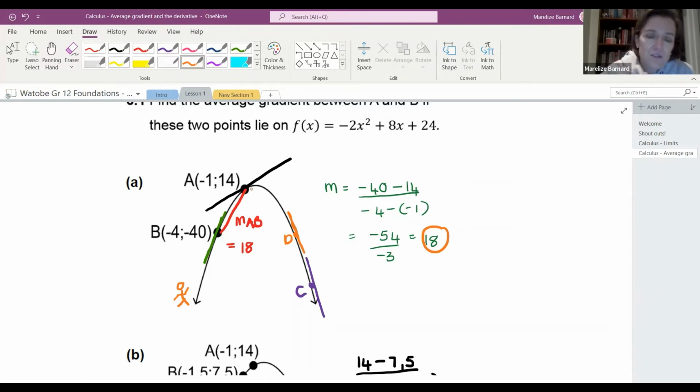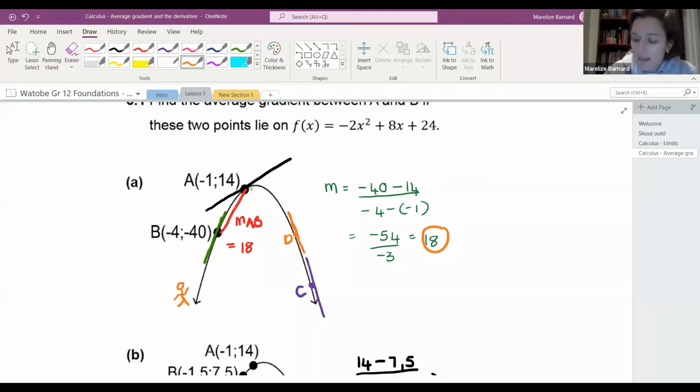The instantaneous gradient is the gradient at a specific point. If I go to point A and I only want to know the gradient specifically at point A, how will I work that out? Currently the tool we have at our disposal needs 2 coordinate points.